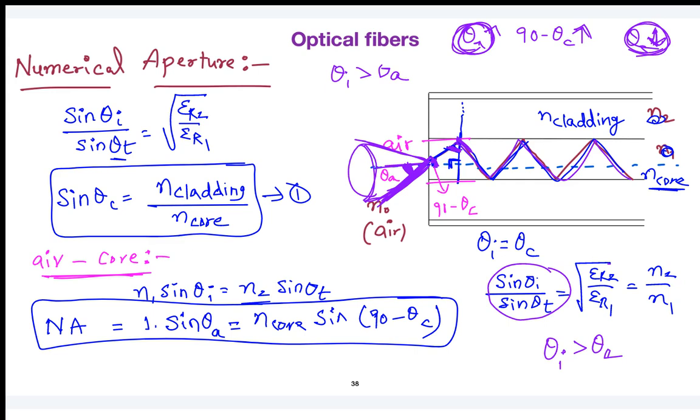So what the numerical aperture says is the maximum acceptance angle allowed when the wave is traveling from free space. If it exceeds the acceptance angle, you cannot have any total internal reflection. Is it clear?